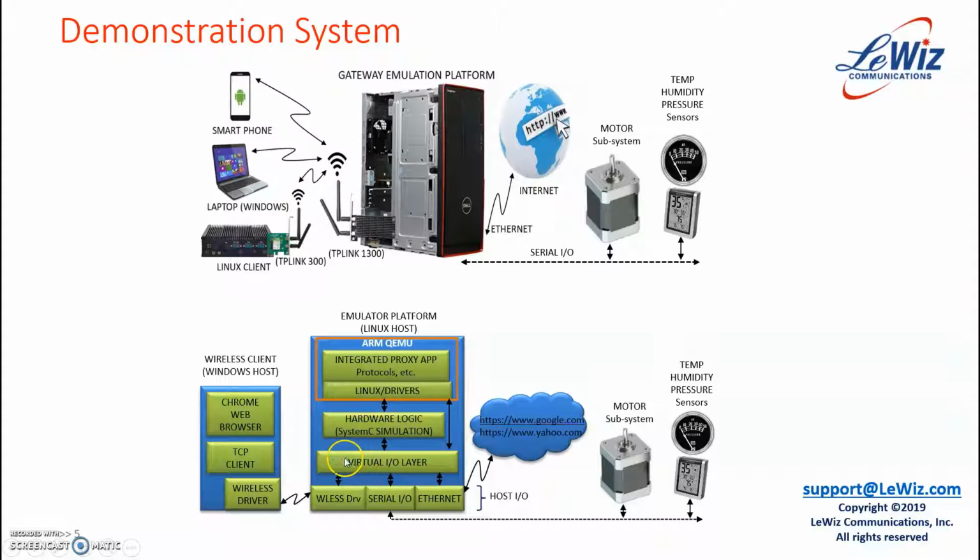The virtual I/O layer, which is the third layer here, allows you to connect back out to the real world using the host I/O. In the computer system, there are various I/O available, or you can add additional cards into the system to create more I/O that you can connect to real life. Through the virtual I/O layer, the emulation platform on the top here can connect to the real I/O below.